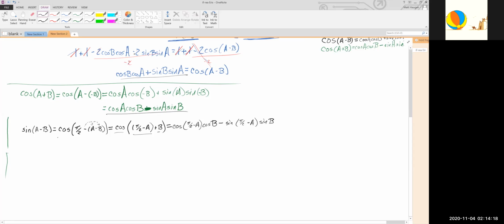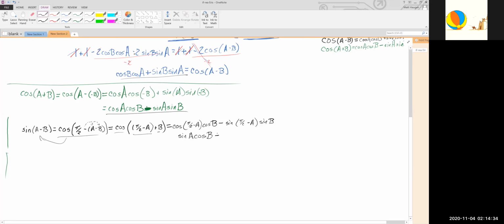But by the same cofunction identity, these pi over 2's can again be switched. The cosine of pi over 2 minus a is the same as the sine of a, then multiplied by that cosine of b.